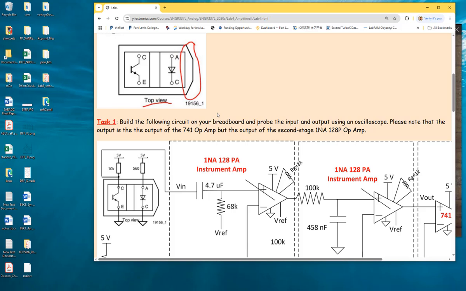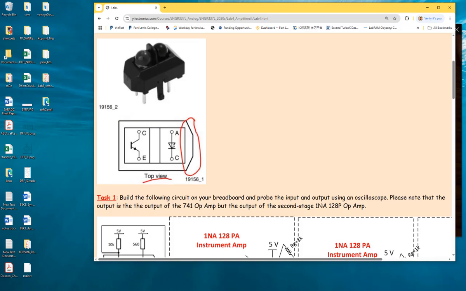Okay, and then red blood cells absorb these IR lights, which eventually leaves less IR light reflected to the sensor. So there is one emitter, one sensor. This is the emitter, the infrared light emitter. Another one is a sensor.